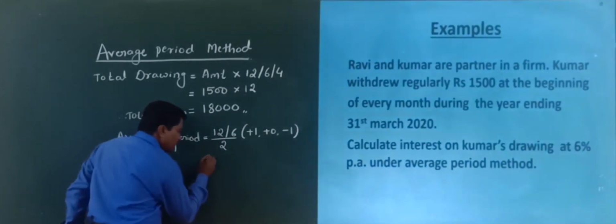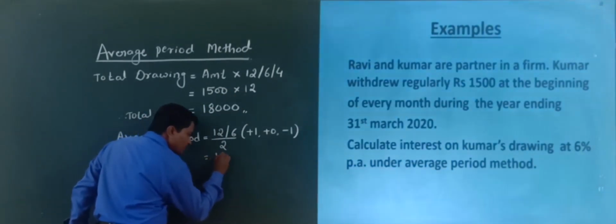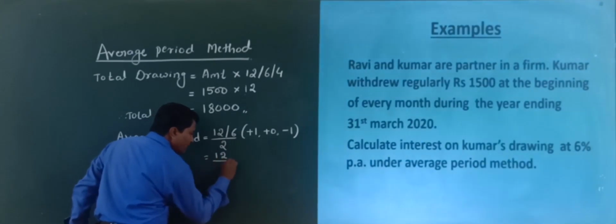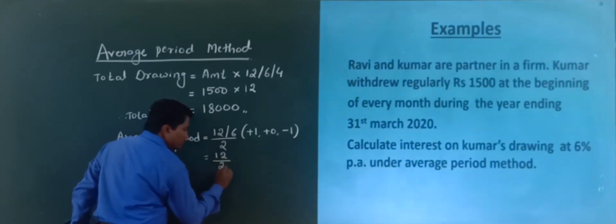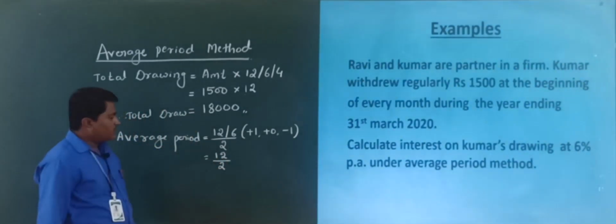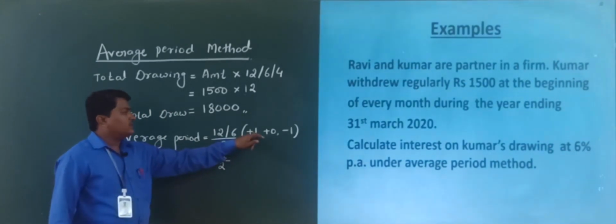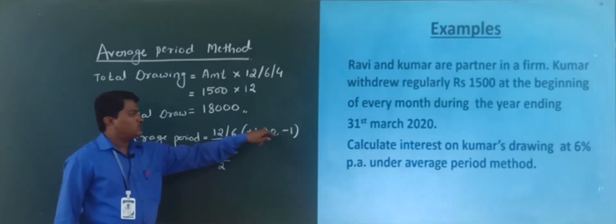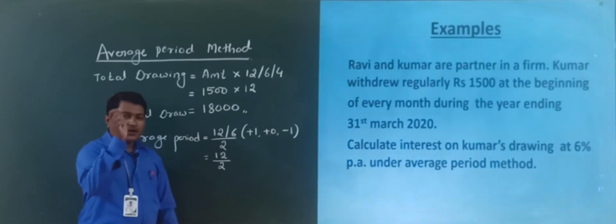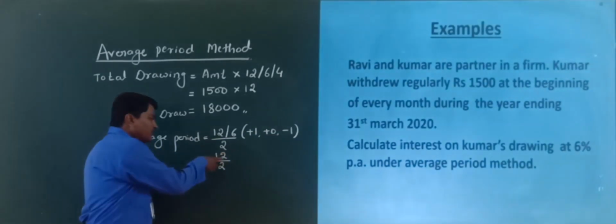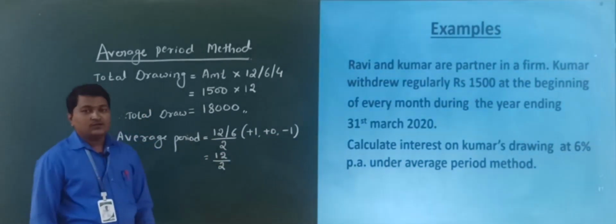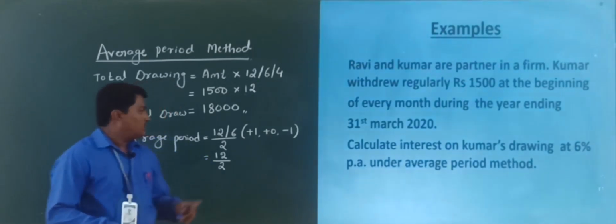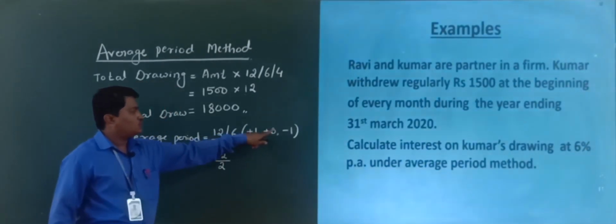So here, 12 divided by 2. Now my question is, either of these three: plus 1, plus 0, minus 1. Out of these three, we apply one to this 12, right? So now we need to decide whether plus 1, plus 0 or minus 1.